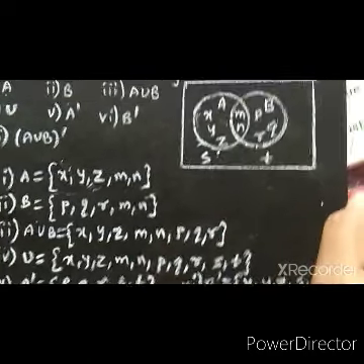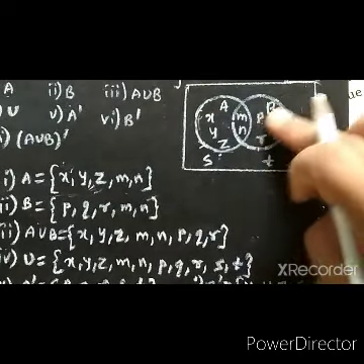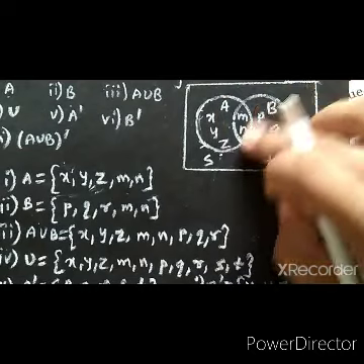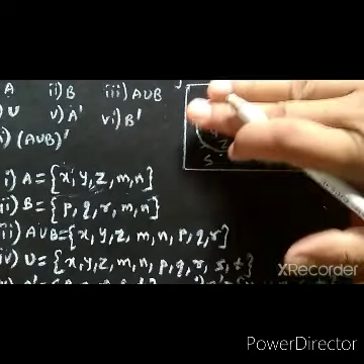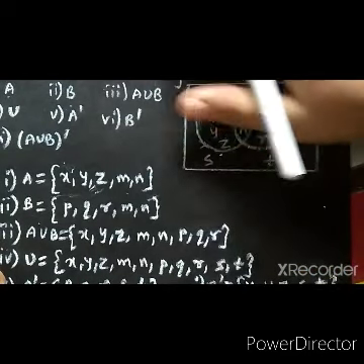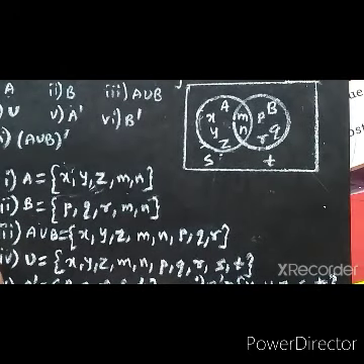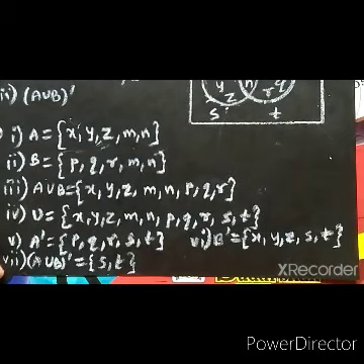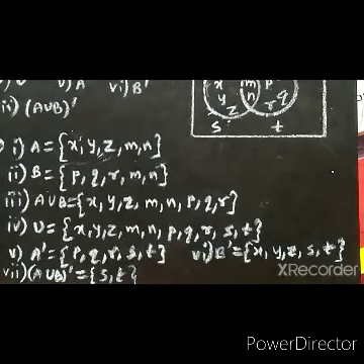Here in the Venn diagram, these are the elements of set A union B, and we have to find its complement. So except these elements, what remains is s, t. So s, t are the elements of complement of set A union B.